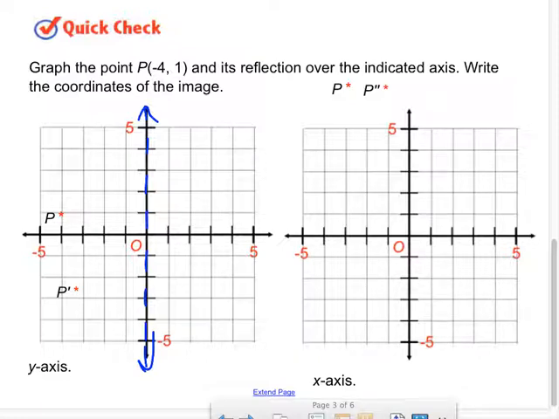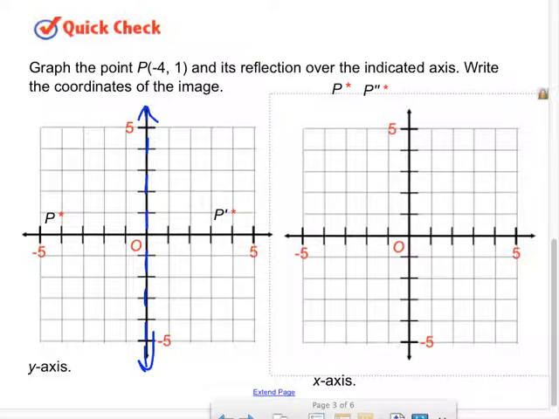Dominic, can you help her out? Nice. So Dominic's correct. It's at 4 and +1. Do you see now, if I was to fold this, how those two points would line up? They're the same distance to the line of reflection.